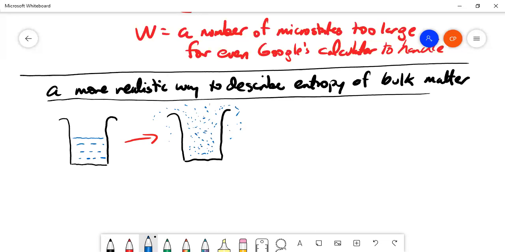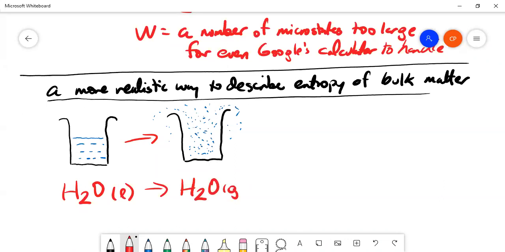Okay? Or to put it in equation form, H2O in the liquid phase being transformed to H2O in the gaseous phase.